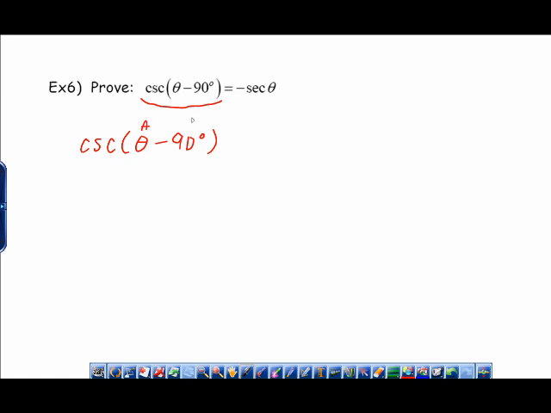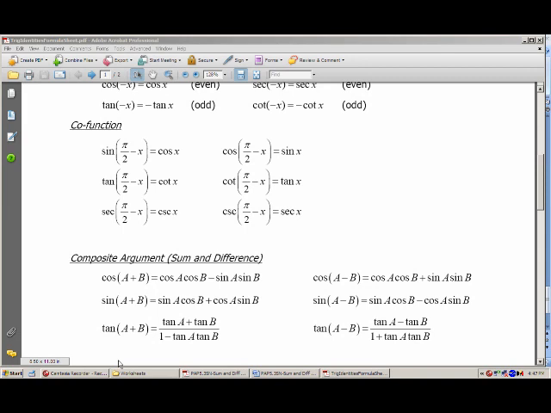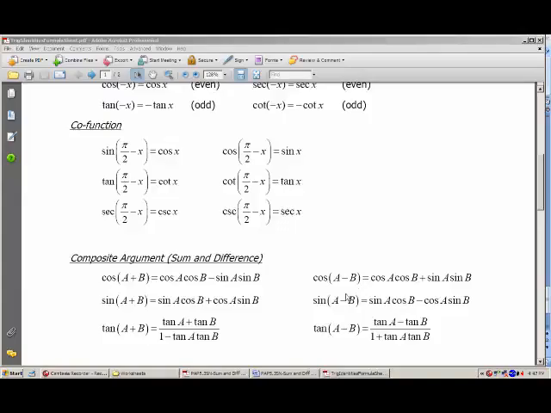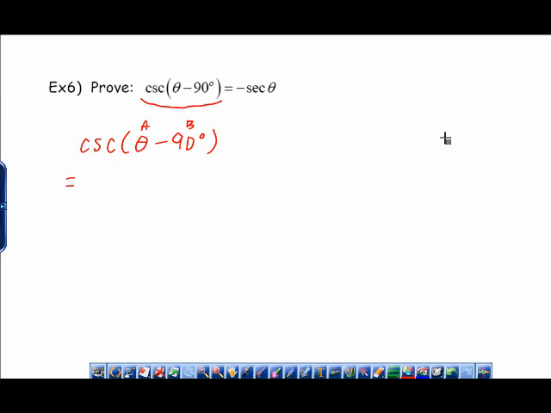And again, this is going to be like my A, that's going to be like my B. Okay, so let me capture that sine A minus B. I really do need to show this step, and we can't bypass this, even though you might be tempted to.